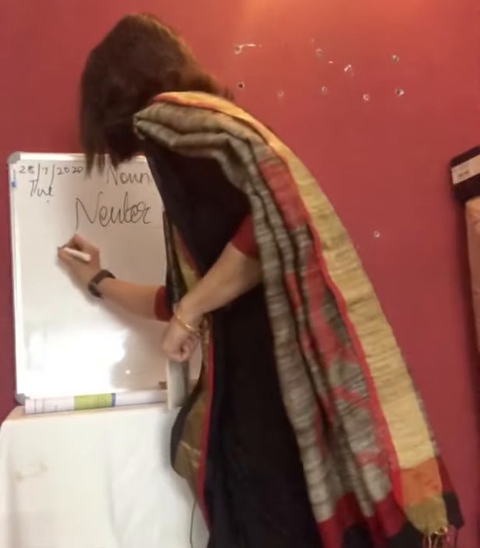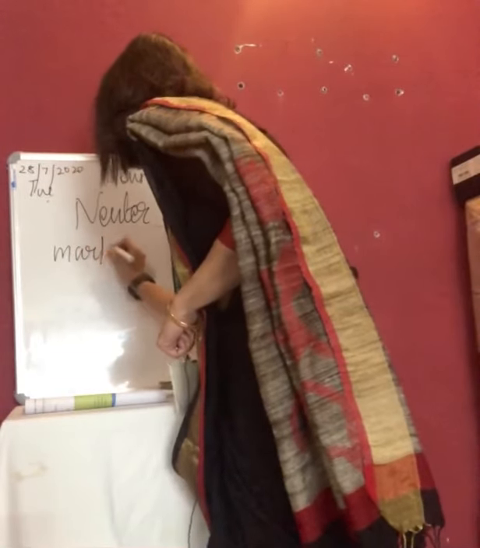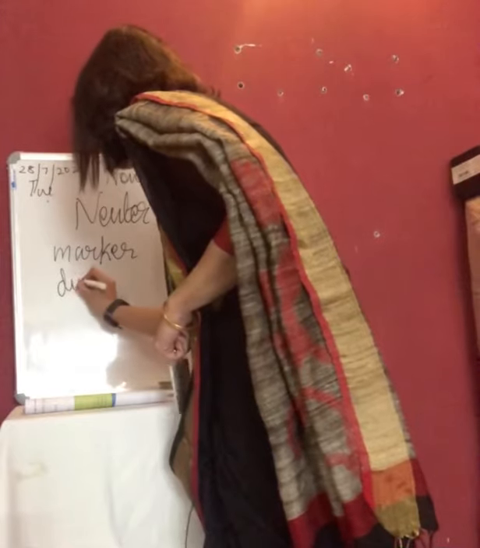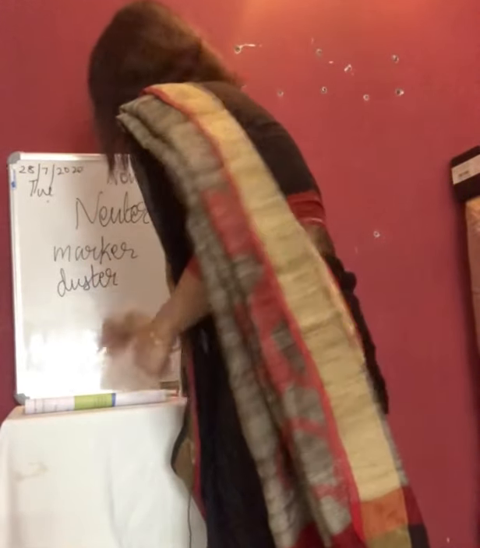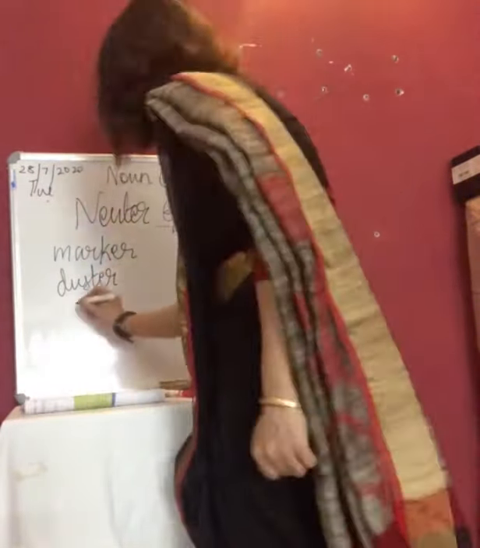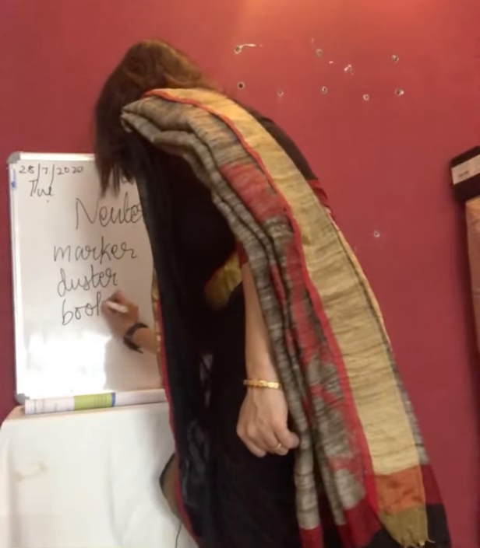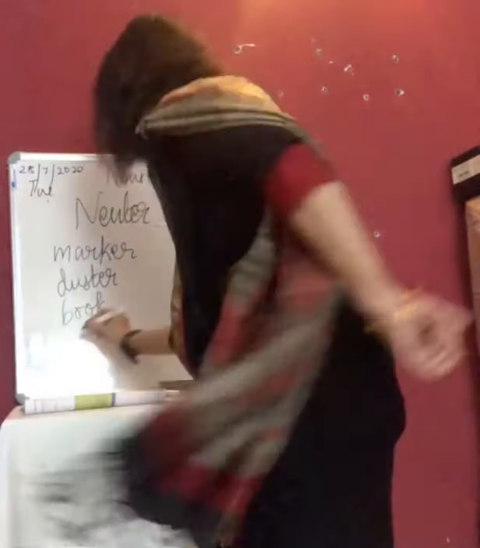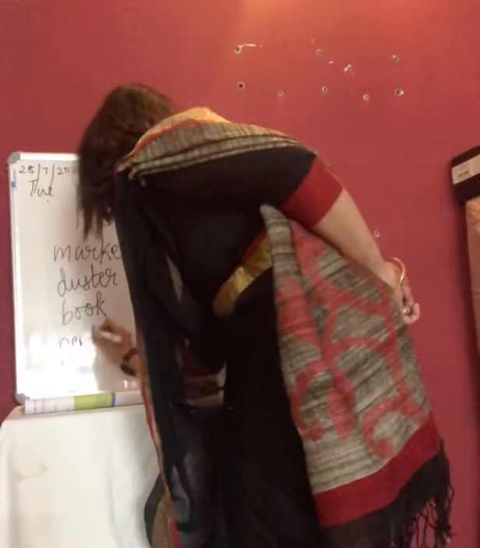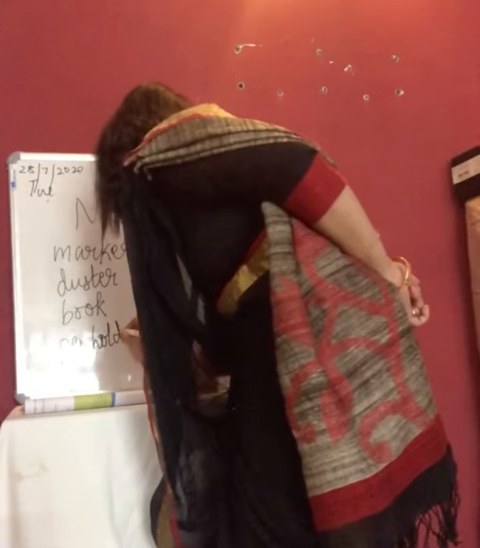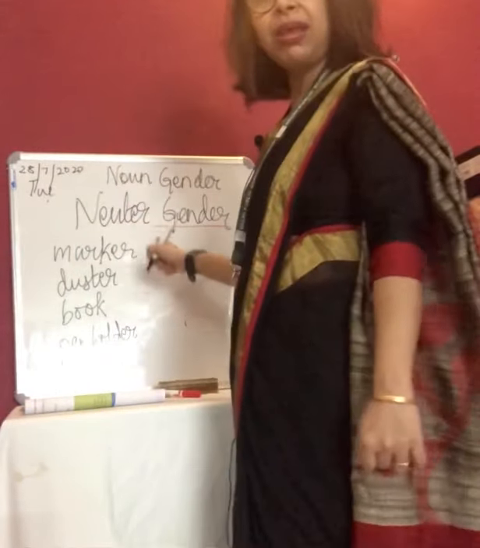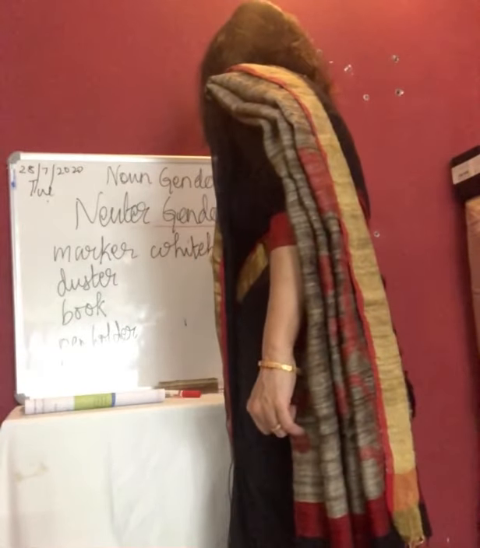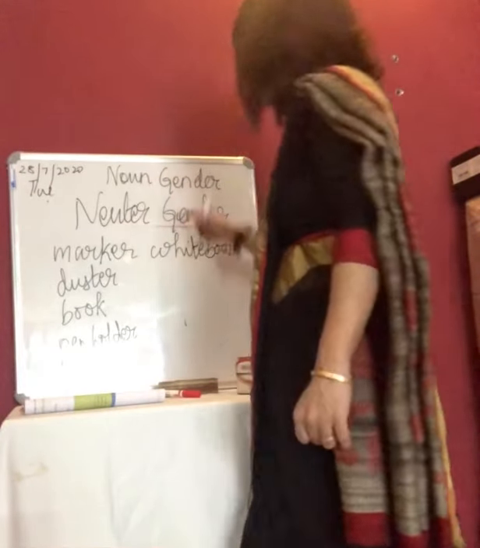What are neuter gender? Marker, they are neither male nor female, then duster, book, my book, then pen holder. Do they represent male and female? No. Then whiteboard, wall, table. We have so many examples, something which you can see.